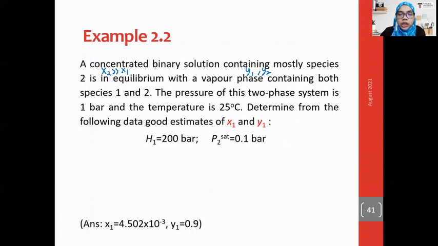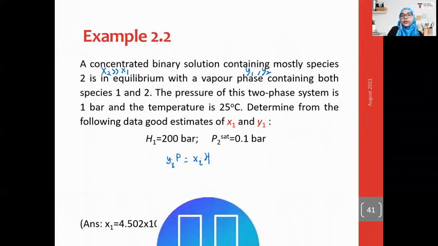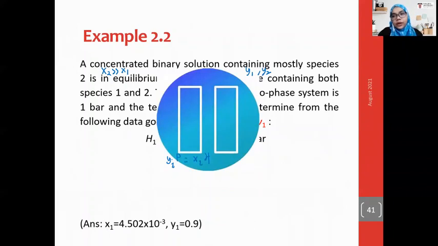The pressure of this two-phase system is 1 bar and the temperature is 25 degrees Celsius. Determine from the following data a good estimate of S1 and Y1. So you may refer to your S1 P equal to, I, so we have Henry. You may refer to this and the answer is given. Okay, try to do it by yourself first.